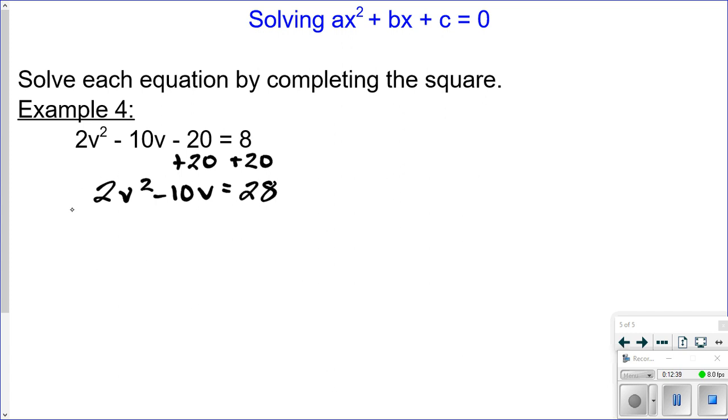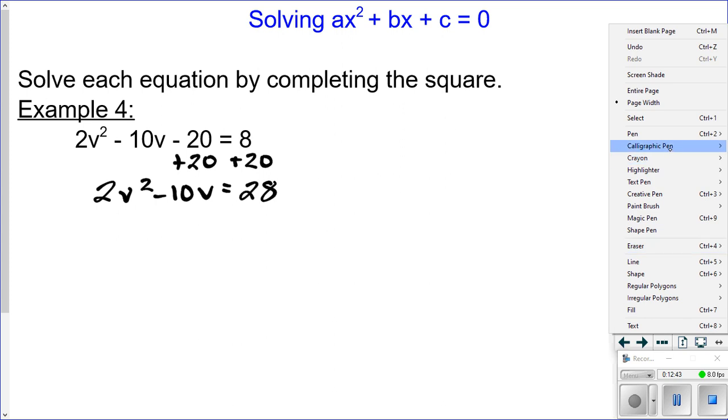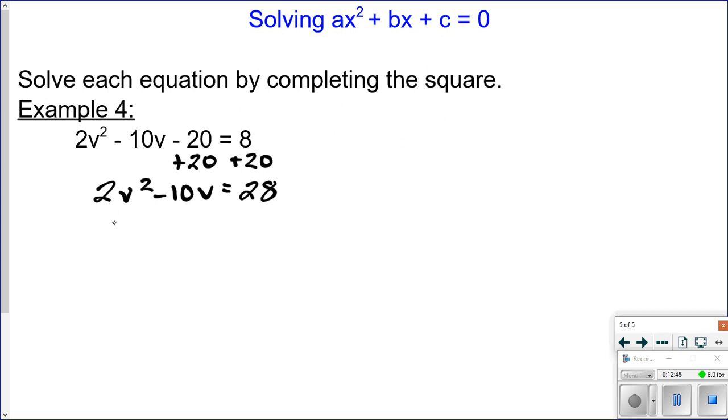Again, now we need to get rid of that coefficient on the v squared, so we're going to divide both sides by 2, that coefficient. So divide by 2, and again, make sure you divide everything by 2. And so I'm left with v squared minus 5v equals 14.